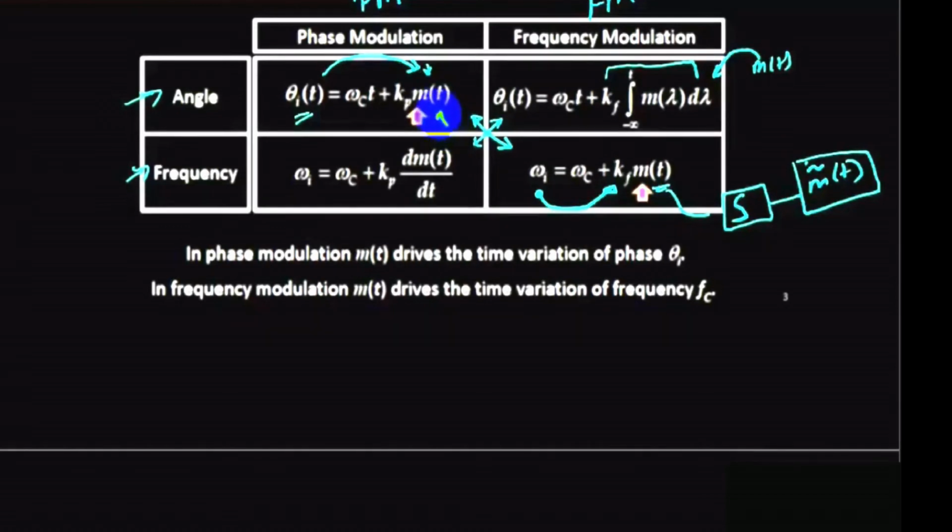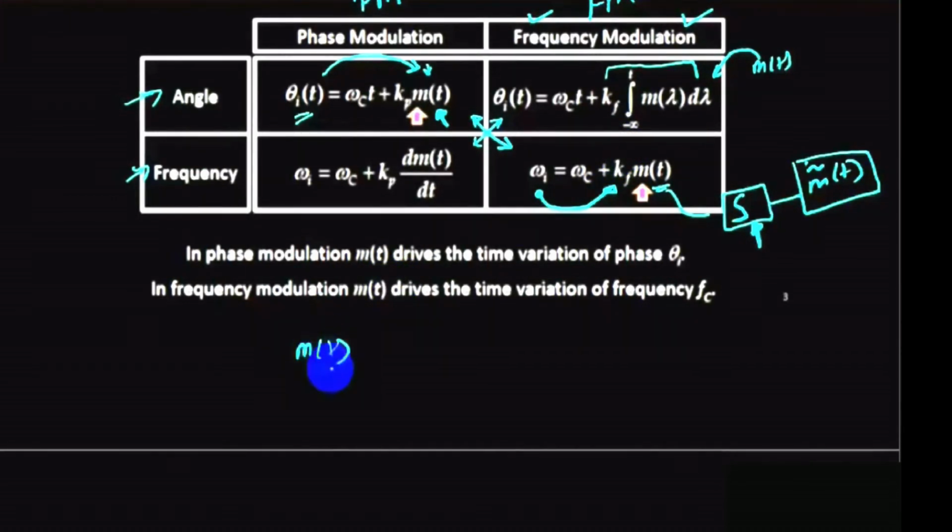Now you can put this signal over here and use the phase modulator to eventually generate a frequency modulated signal. So what I'm trying to say is that you could start with the message signal m of t, pass it through an integrator, and you will get a new signal. Put that new signal in a phase modulator, right? But since the original signal has passed through an integrator, we would eventually get a frequency modulation.